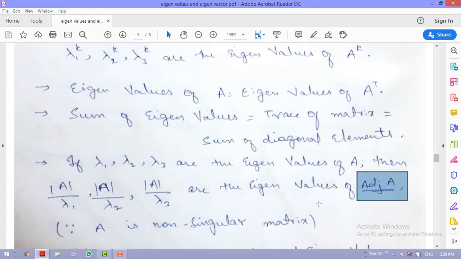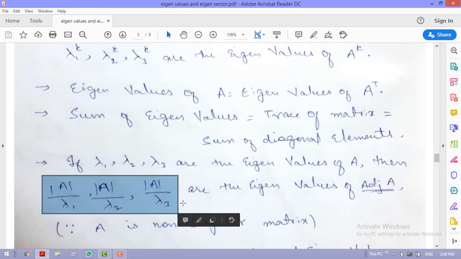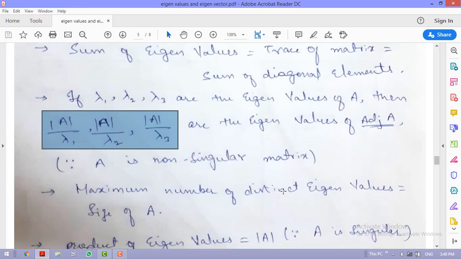First you have to find the minor, then you have to cofactor it, then the transpose of cofactor is nothing but the adjoint of A, right? So you have to remember that the adjoint of A eigenvalues are determinant of A by lambda 1, lambda 2 and lambda 3. Okay, where you have to note that A should be a non-singular matrix.